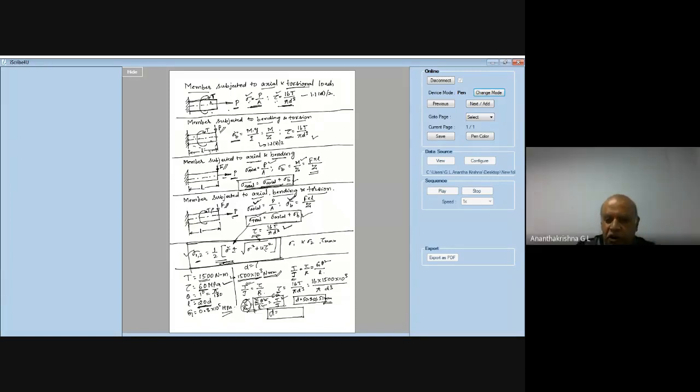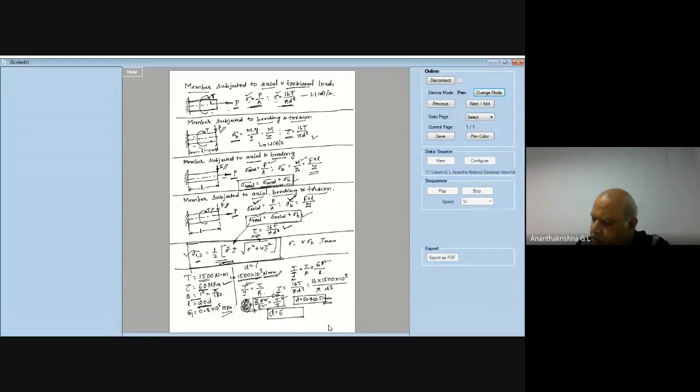Yeah, what is the diameter now? T by J is equal to G theta by L. Use that equation. What is the value of D? I'm getting 60.26 mm. That's correct, 60.3. Take the next whole number, that is 61 mm.